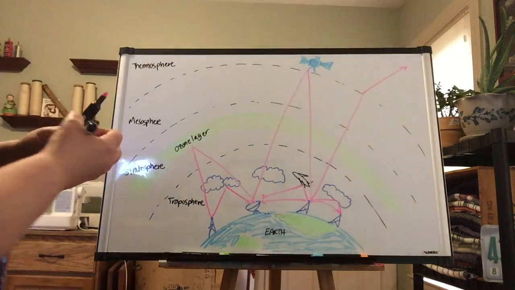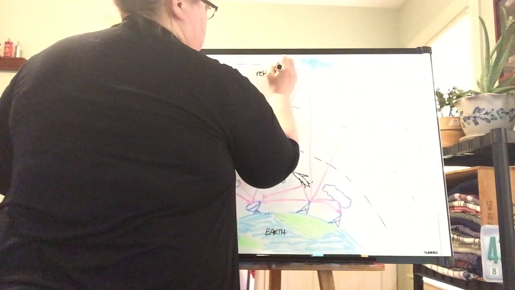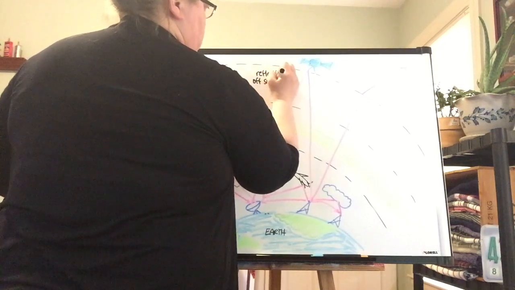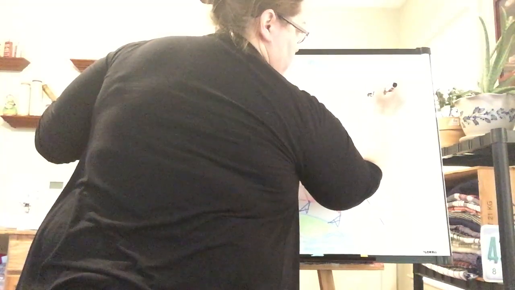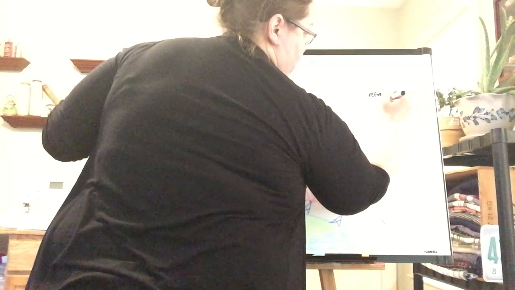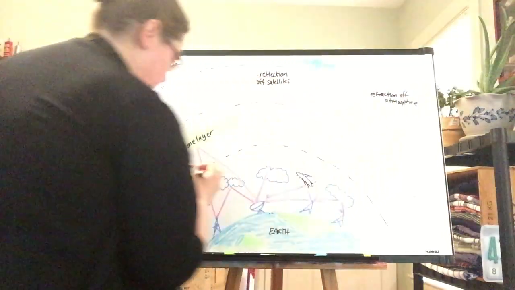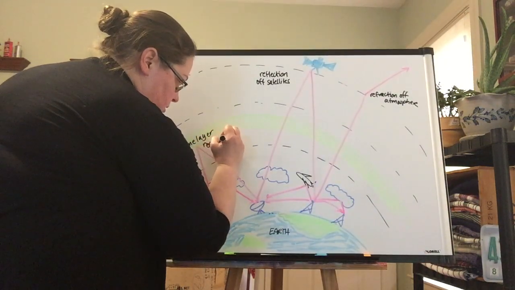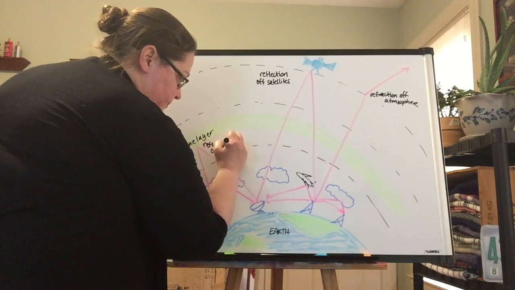So we have reflection off satellites. We have refraction off the atmosphere. We have reflection off the ozone layer.